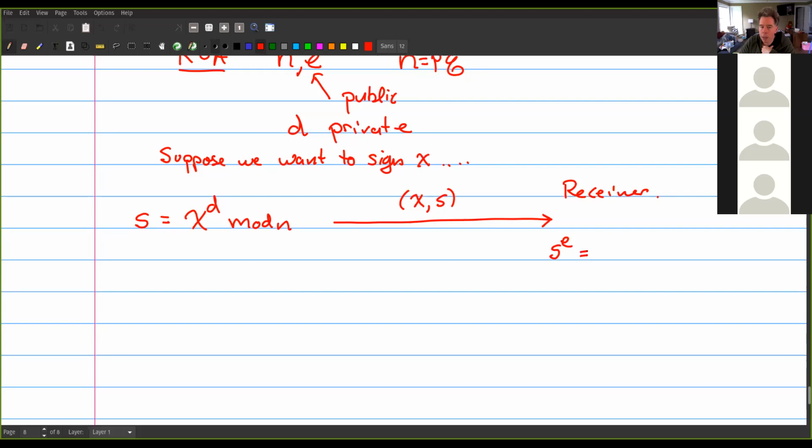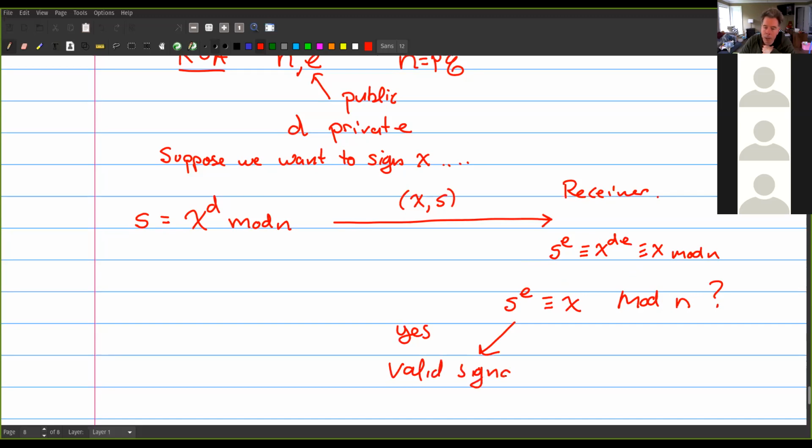So s to the e is x to the de. And just like with RSA encryption, this is the same thing as x mod n. So the receiver just asks, is s to the e congruent to x mod n? If the answer is yes, then the signature is valid. And if the answer is no, then the signature is invalid.